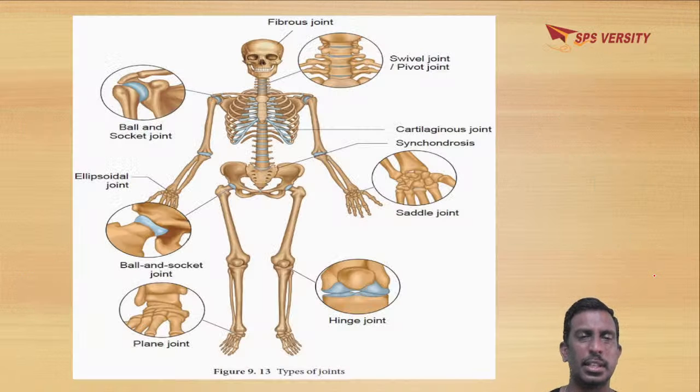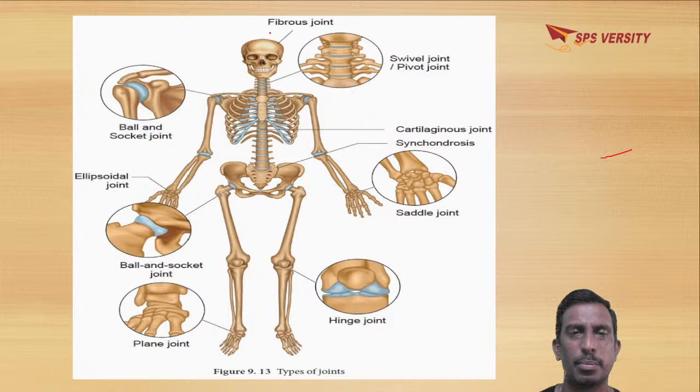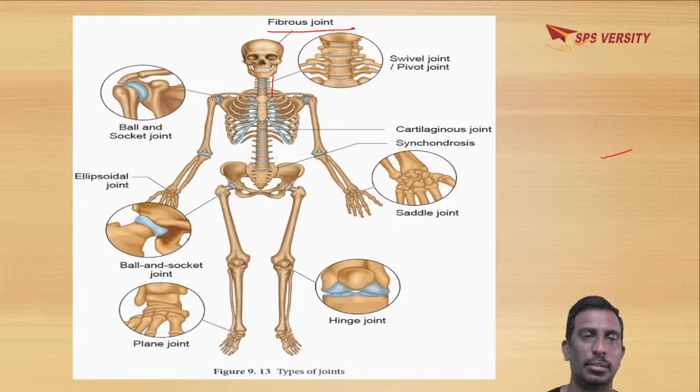Here you can see the joints. The fibrous joints are present in the skull. This is a pivot joint in the neck region, this is a ball and socket joint, and here it is an ellipsoidal joint.